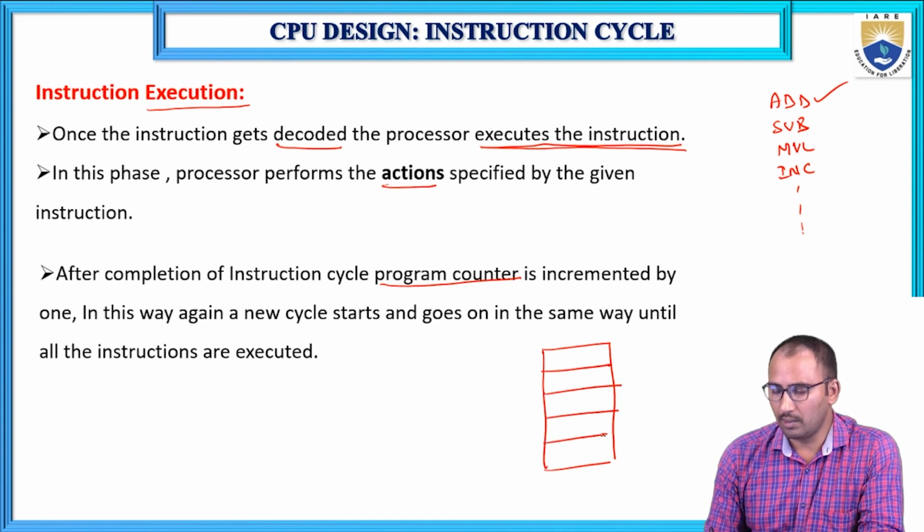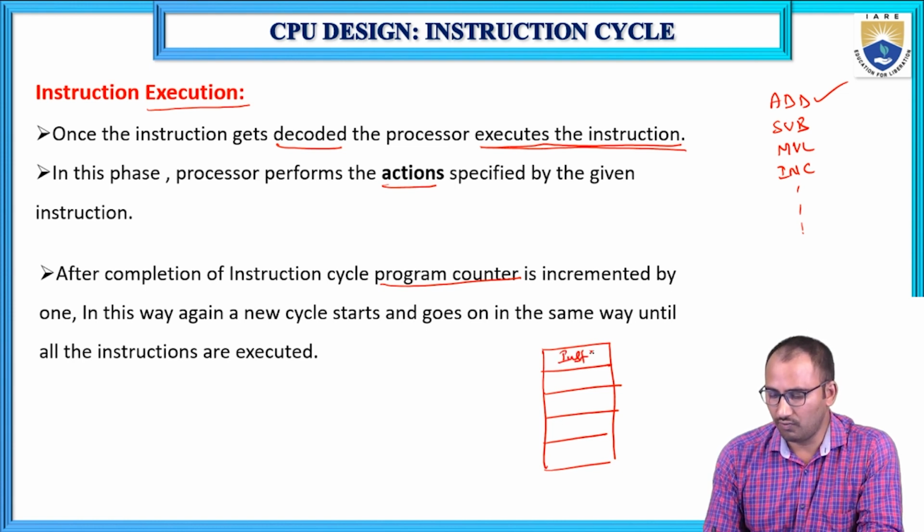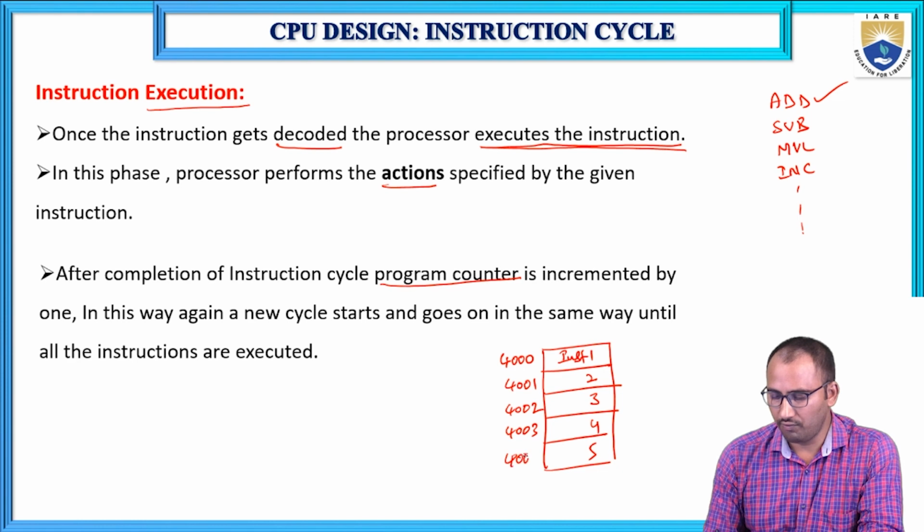See here, in the memory the program is stored. Suppose the program contains 5 instructions: instruction 1, instruction 2, instruction 3, 4, 5. So this is the starting address. Let us assume 4000, next 4001, 4002, 4003, 4004.